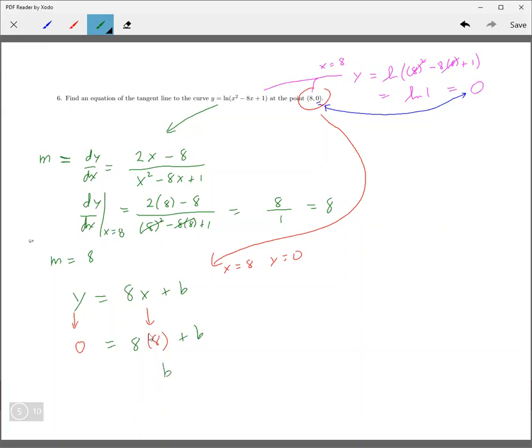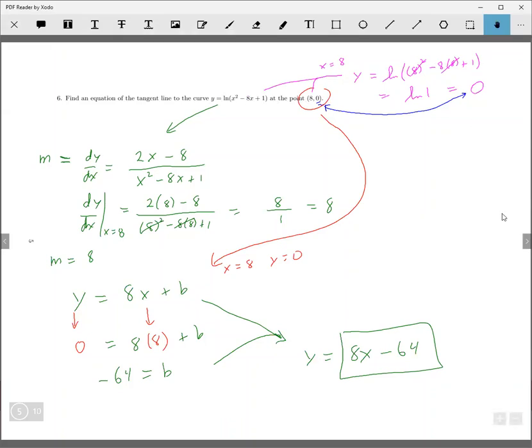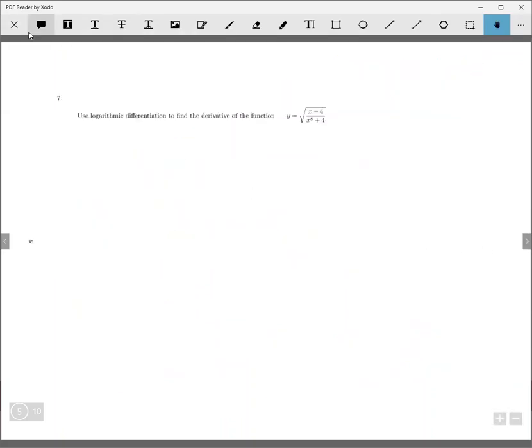And this is 64, so take it to the side, and b is negative 64. And y equals 8x minus 64. So that's the tangent line to this curve at that point. Okay, let's move to the next exercise, number 7.